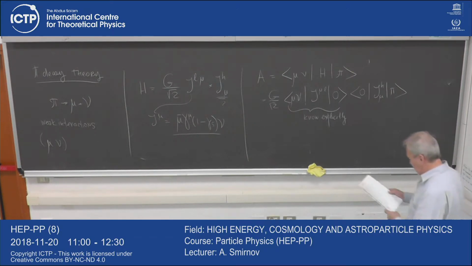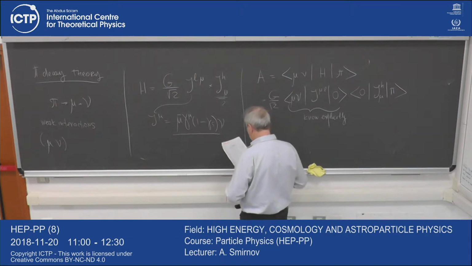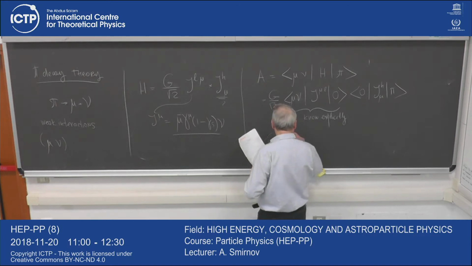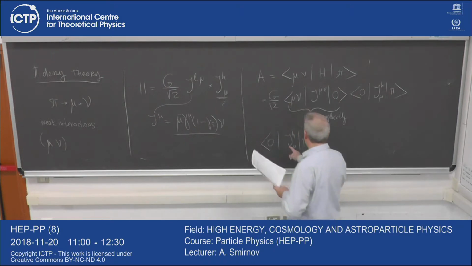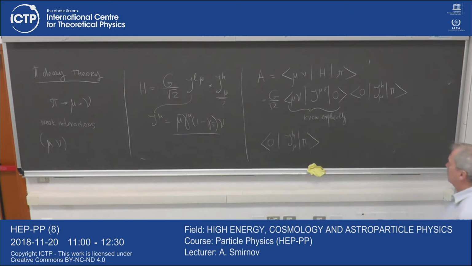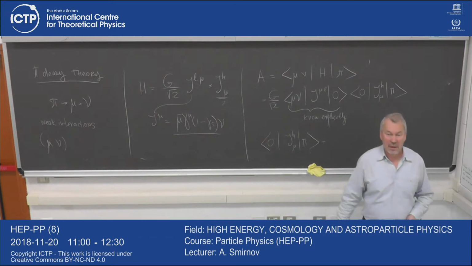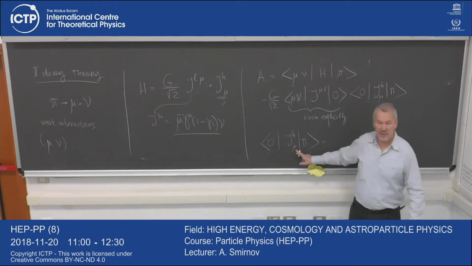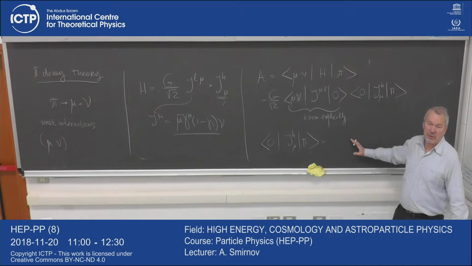However, we can say a lot of things without even explicit knowledge of this operator, and we can write that the matrix element between pi and 0 should be what? We can use Lorentz covariance, right? So we have here the index mu. Then what is on the right-hand side should also have index mu.